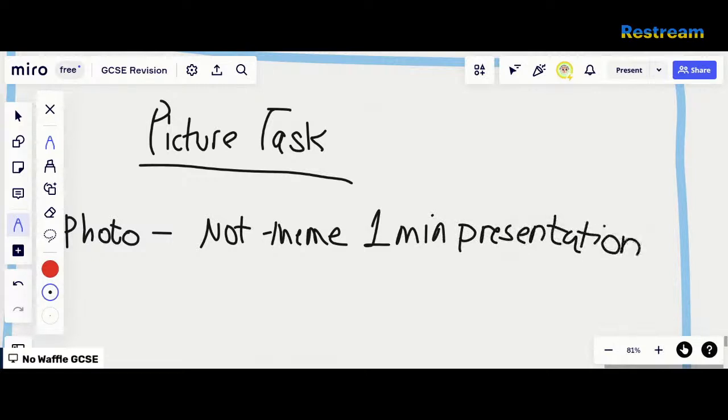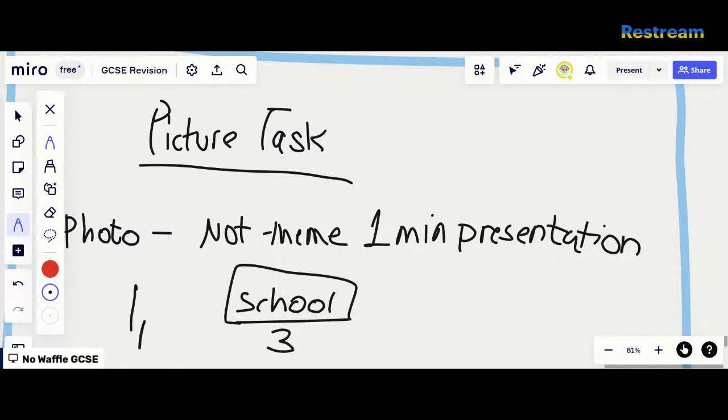So for example, if you chose the theme of school for your 1 minute presentation, and if you don't know what the 1 minute presentation is, I'll talk about that in a second. But if you chose the theme of school, then you know that it will be, which is theme number 3, I believe, then you know that the photo will not be about school. It will be about 1, 2, 4, or 5.